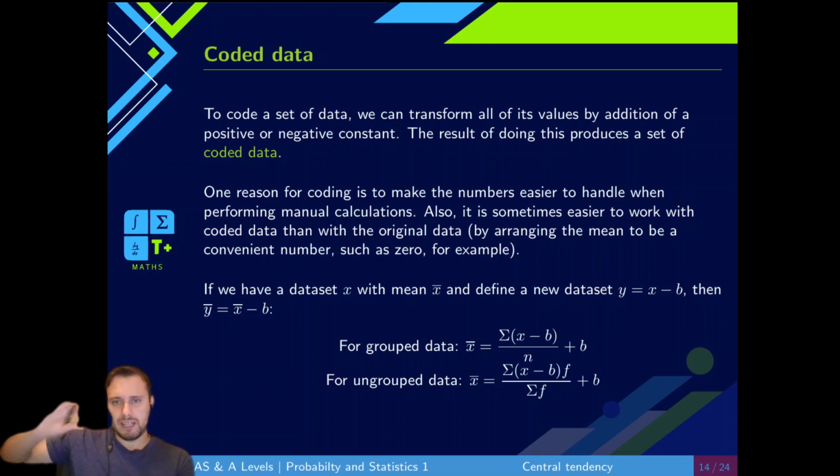If you are given a set of data x that has a mean x bar, and then we take a value y that is the value of x minus a constant b, then the new mean is just the old mean minus b, because every value has had b subtracted. So then the new mean is just subtracting that.